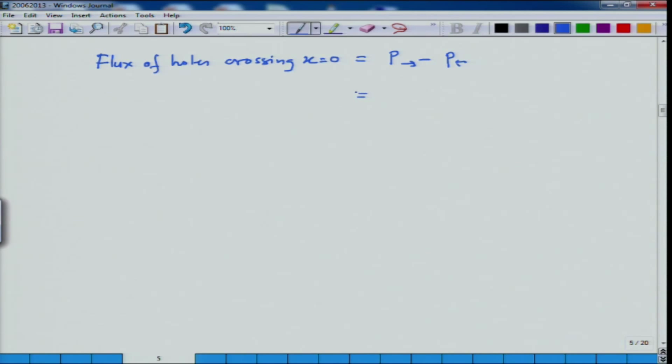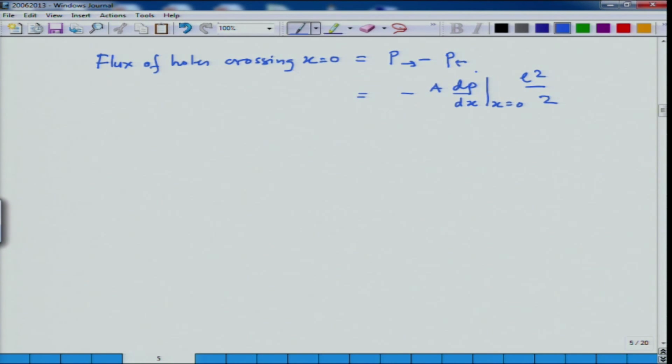This expression is coming out to be equal to dP dx at x equal to 0 times L square by 2.